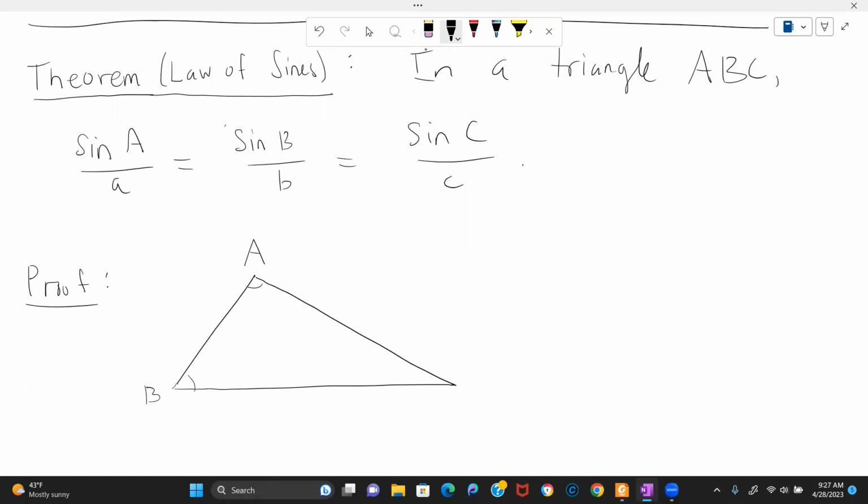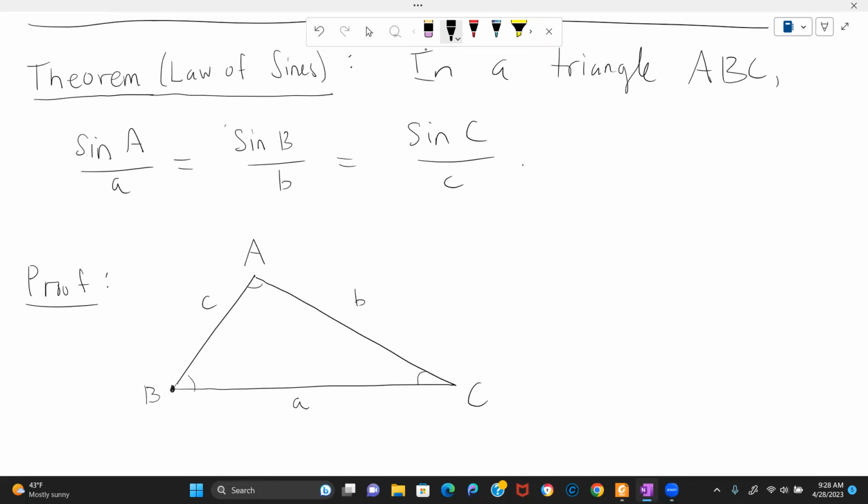This is called B, and this is called C. And then the side opposite to the angle will be denoted, the length of it, by the lowercase. So this is going to be length A, C, and B. So now what we're going to do is calculate the area in three different ways. And since we're calculating the area of just the same triangle, all these calculations should be equal.